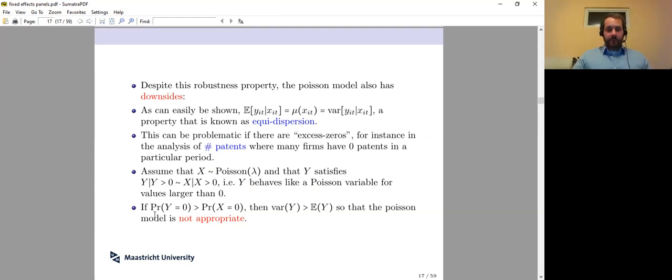Yet, if we have excess zeros, that means the probability of observing zeros for the variable y is larger than the probability for the Poisson variable x, then this immediately implies that the variance of y is larger than its expectation, and therefore the Poisson model is of course not appropriate because the Poisson immediately implies that both are equal.